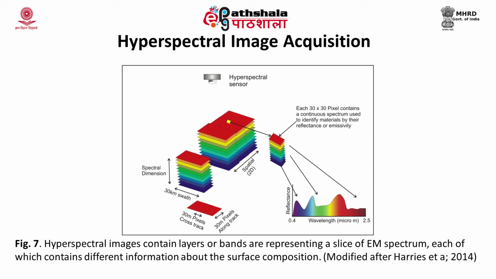For a particular mineral or rock, we are continuously getting information for each wavelength. And in the diagram, the stacking is nothing but the information about the different wavelengths. Depending upon the spectral resolution, you can have multiple layers of this information, and depending upon your requirement, you can extract that information from these images.